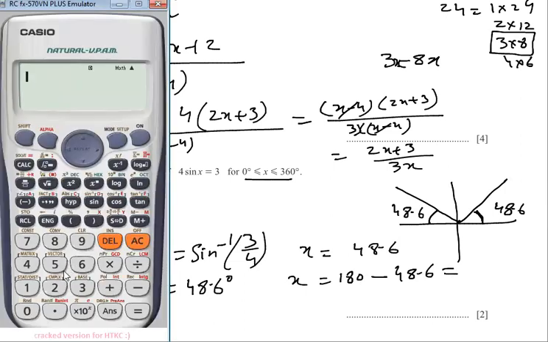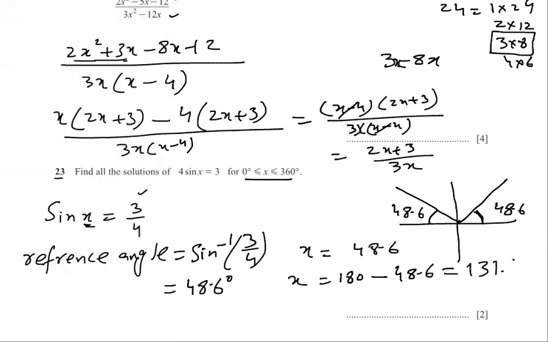If we calculate, it will be 131.4. So therefore the values of x are 48.6 and 131.4. These are the two values.